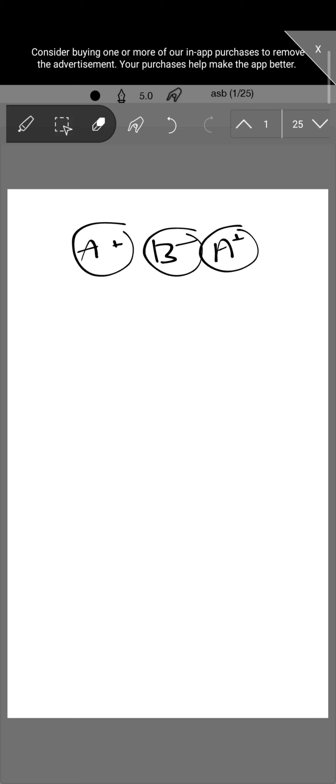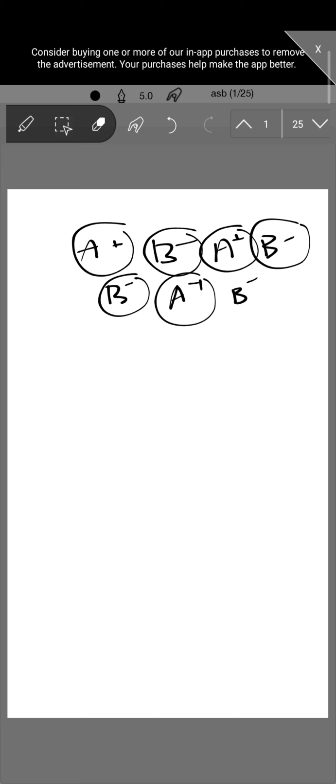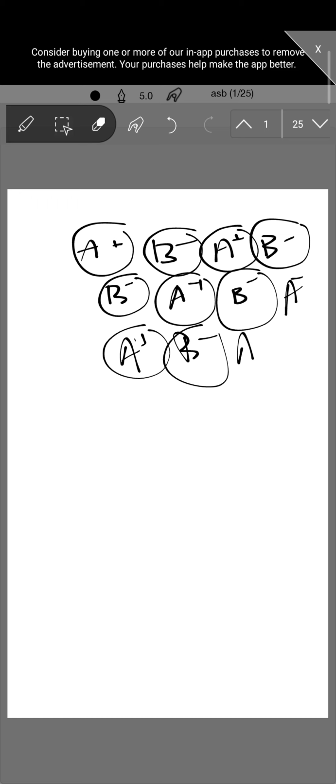So earlier in the case of metals, it was only one single type of atom, there was no charge. But in the case of ceramics, we have positive ions and negative ions arranged symmetrically. Let's say in this fashion: A plus, B minus, A plus and B minus.